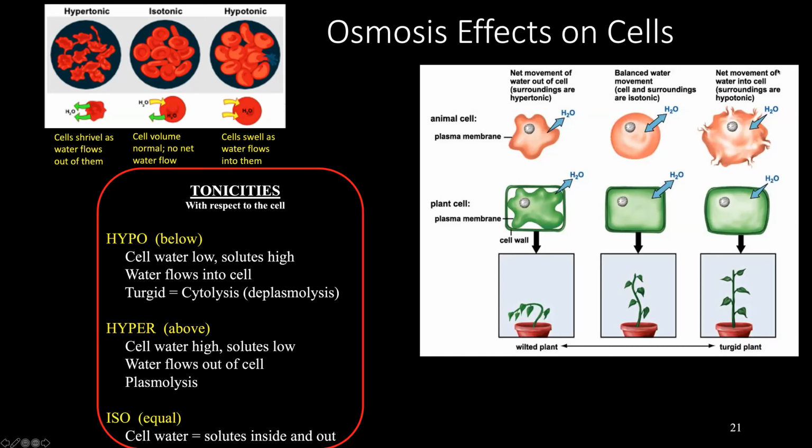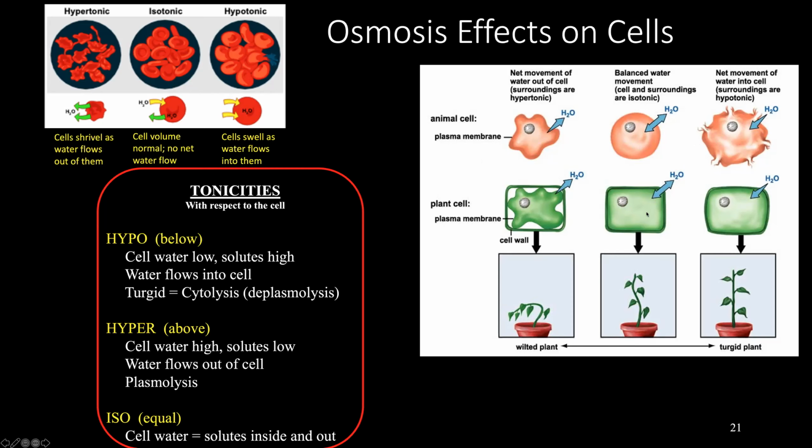cells will burst. On the right, the same thing is illustrated again, but comparing what happens in animal cells and in plant cells. Animal cells don't have a cell wall, and under hypertonic solutions, the water moves out of the cell, and the cell shrivels, whereas under hypotonic conditions, water rushes into the cell and the cell could burst.